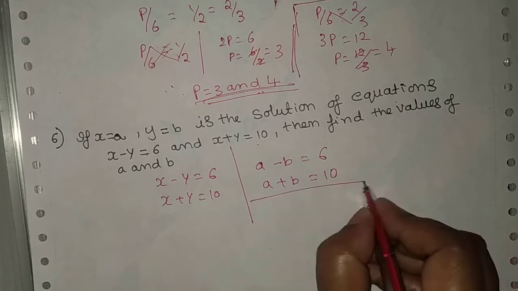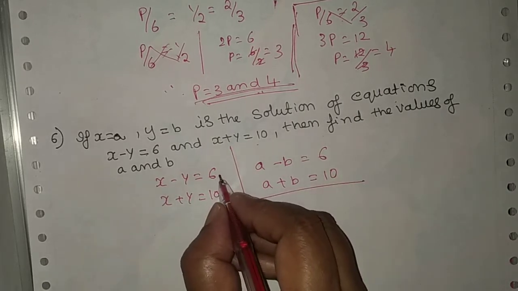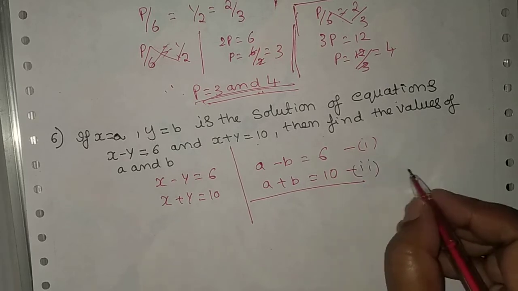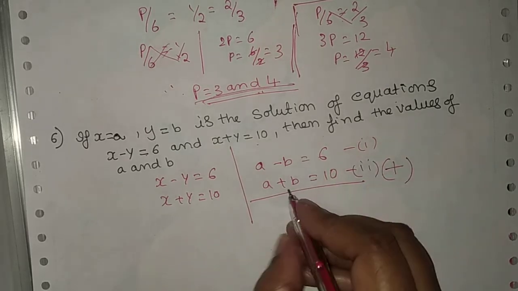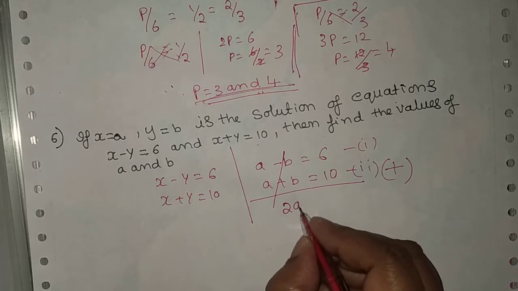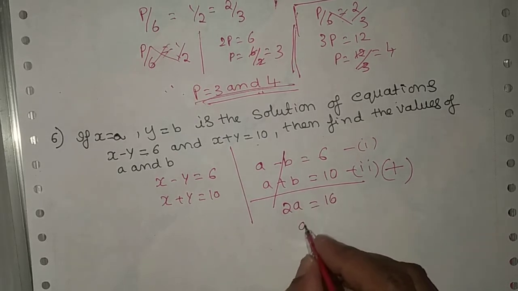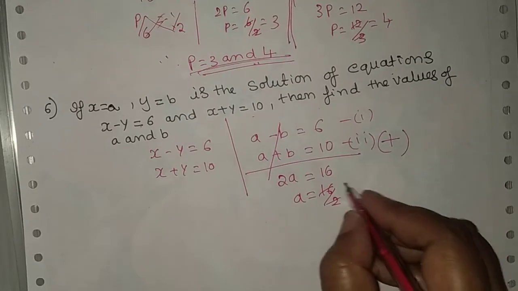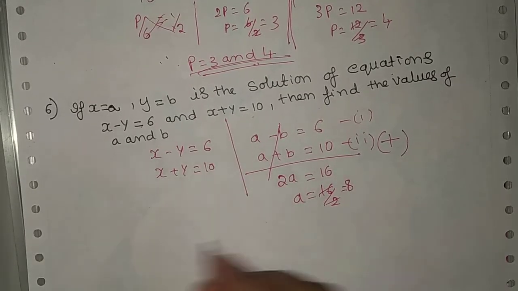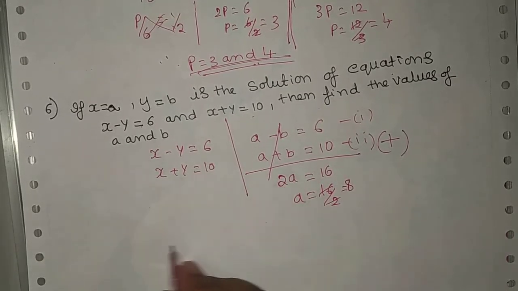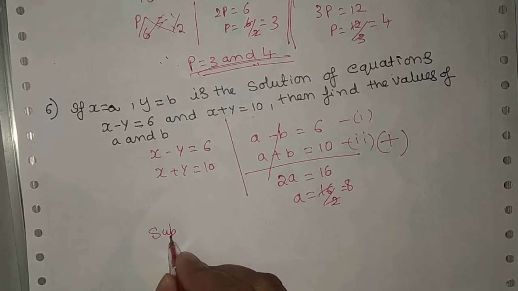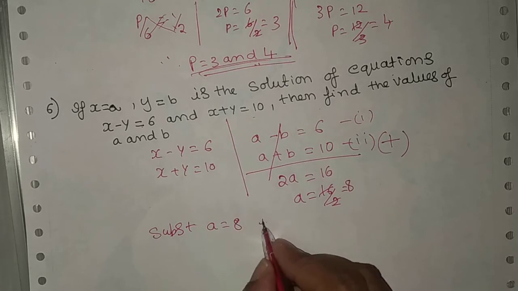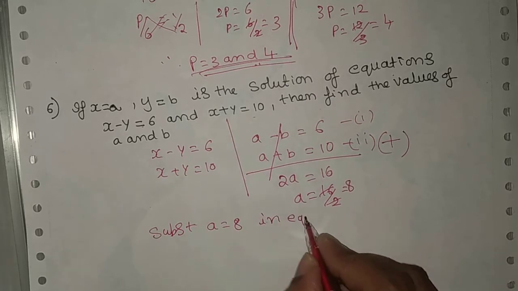Now add this, this is equation 1, this is equation 2. After adding, b gets cancelled, we get 2a is equal to 16, a is equal to 16 by 2, that is 8. Therefore, a is 8. Similarly, substitute a is equal to 8 in equation 1.